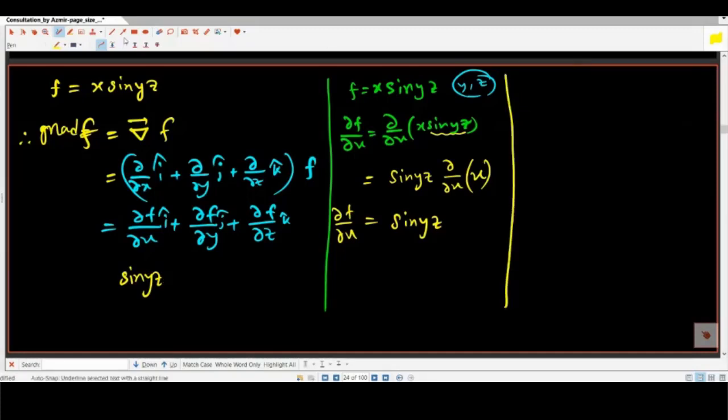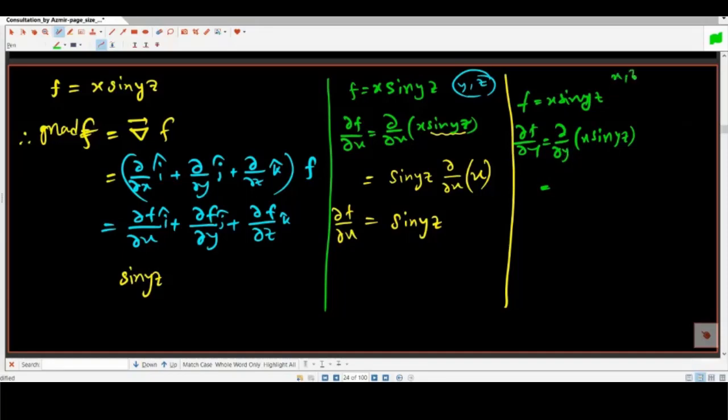Similarly, we can find ∂f/∂y. So f equals x sine yz. So ∂f/∂y equals ∂/∂y of x sine yz. This time we are doing the partial derivative with respect to y.